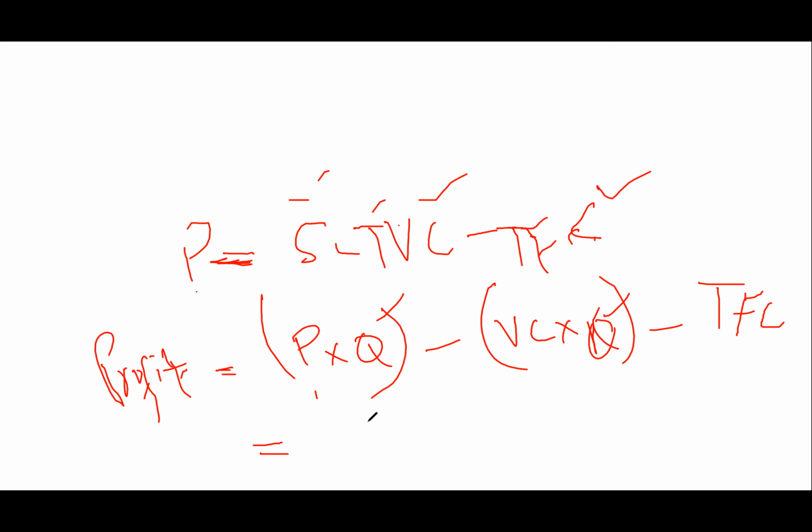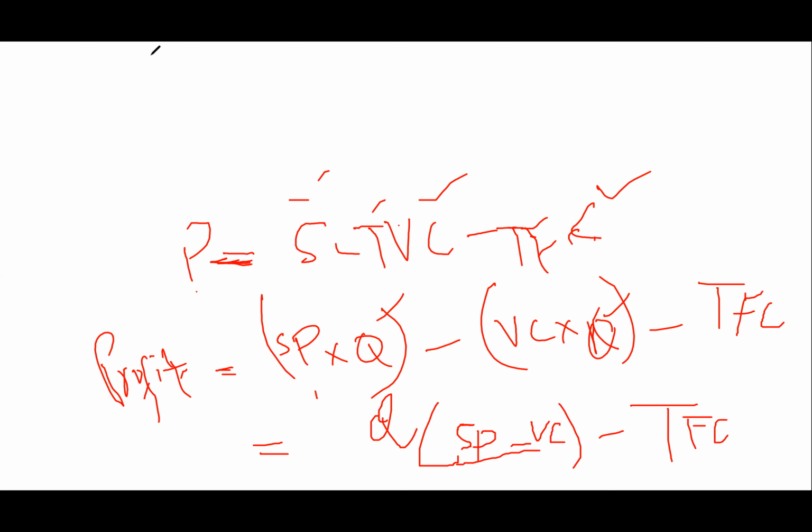So we can just say that Q into sale price minus variable cost per unit minus total fixed cost, right? Or we can put CM per unit as well.